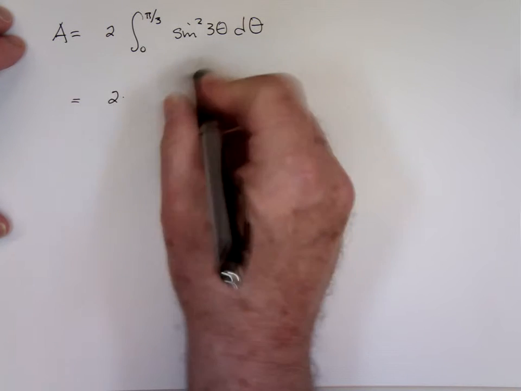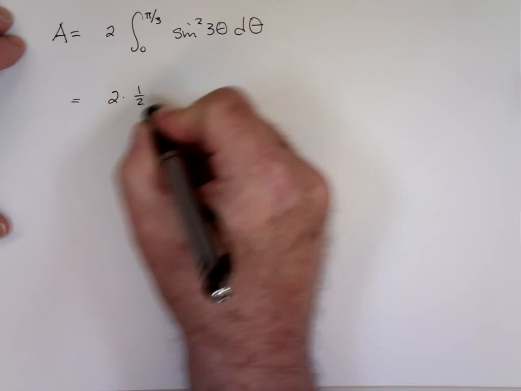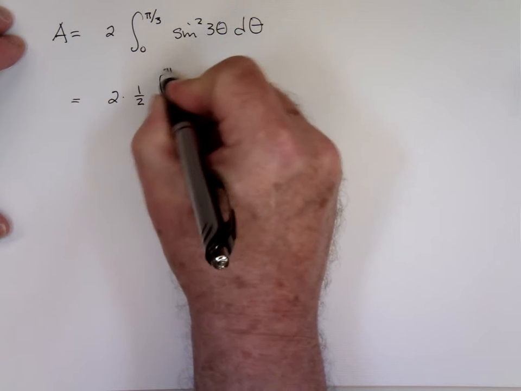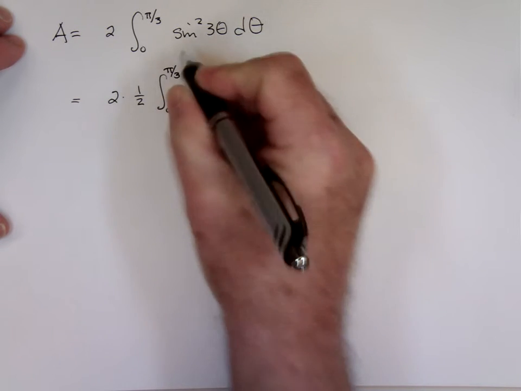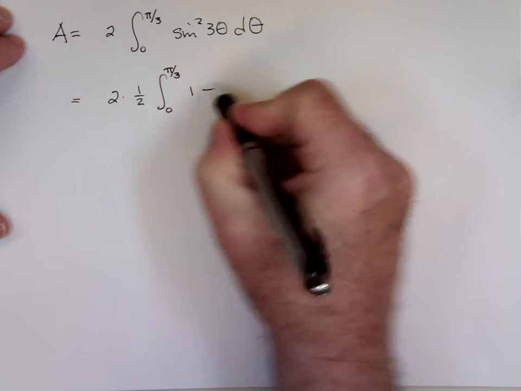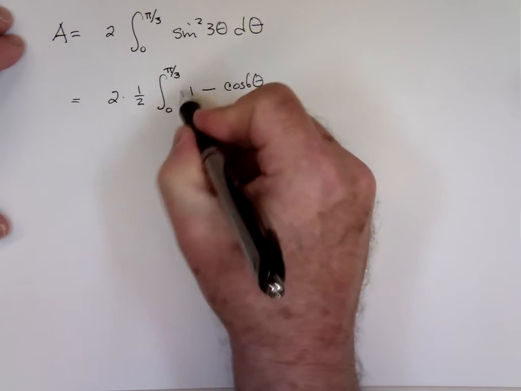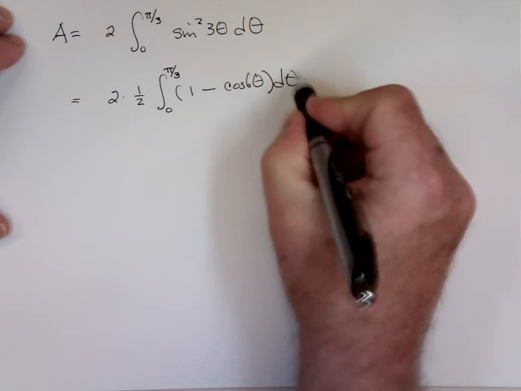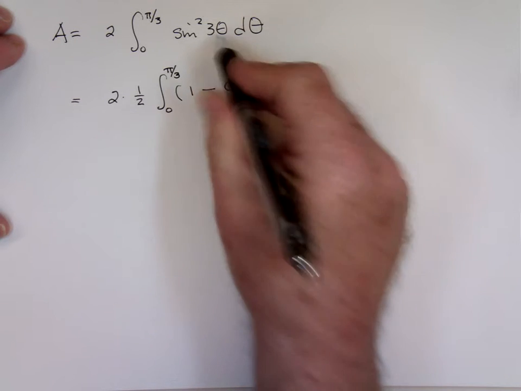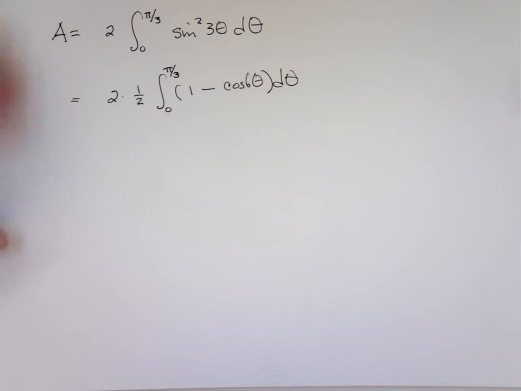Half angle substitution for sine squared is 1/2 times 1 minus cosine 6 theta. This is double what you had before.